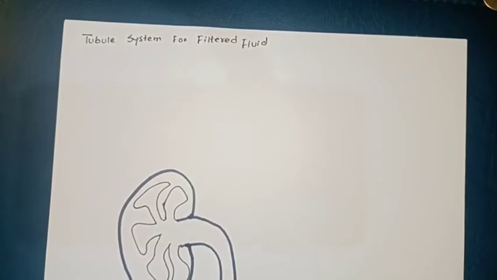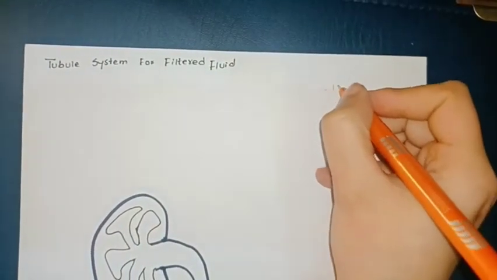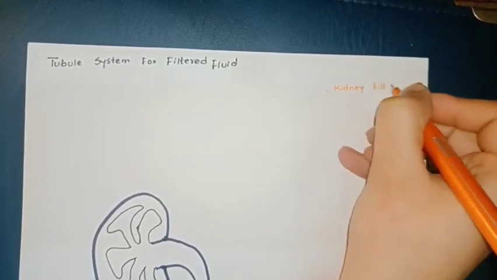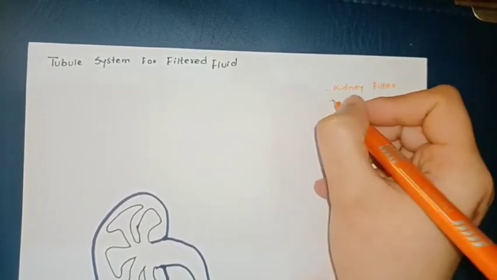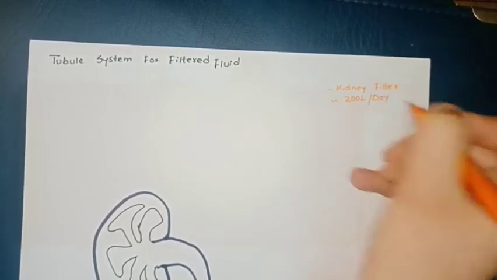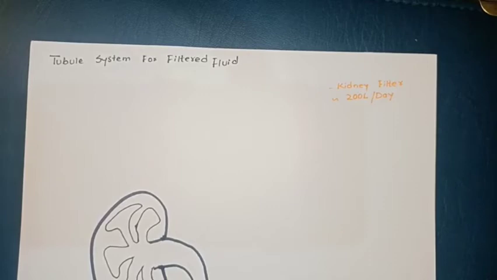I'm going to tell you about some amazing facts that the kidney filters about 200 liters per day. You have 5 liters of blood in your body. How many times does that blood pass through the kidneys and how much fluid is coming out? So 200 is the cumulative number for the entire day.